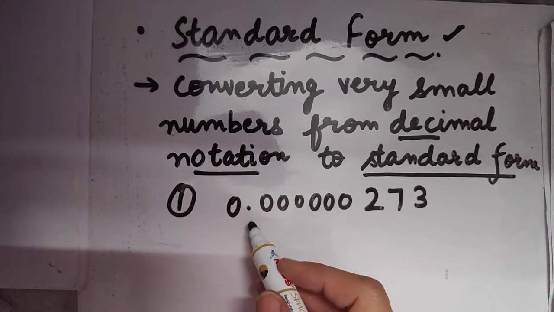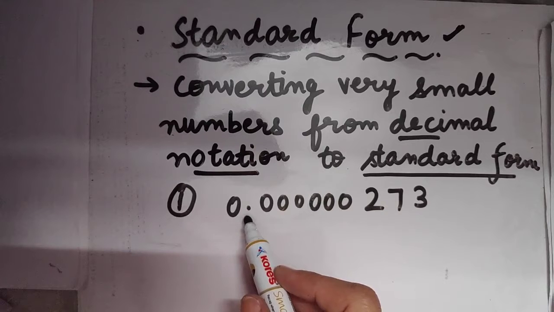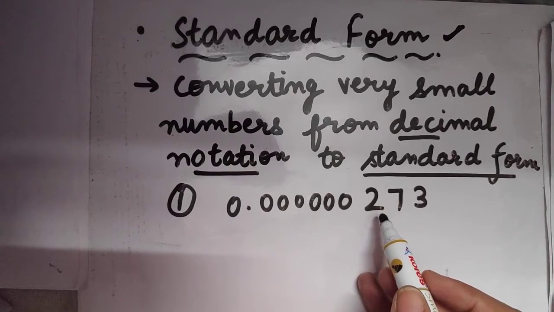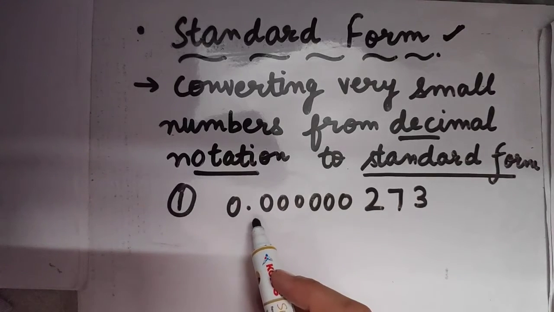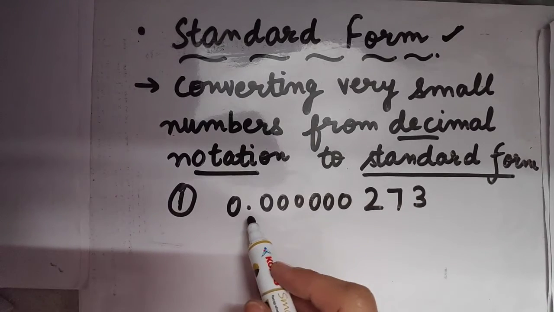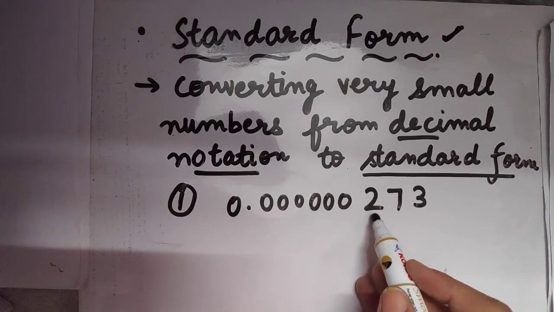Now, the method is, you are supposed to move this decimal point to the right side till you get just one digit to the left of the decimal point. If I move this decimal to the right hand side, I need to stop here till I get this digit.